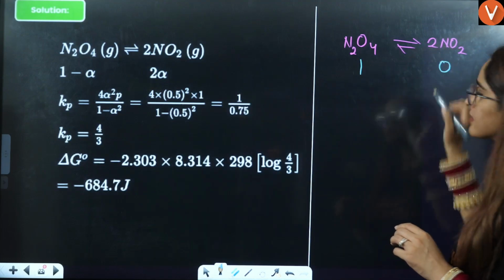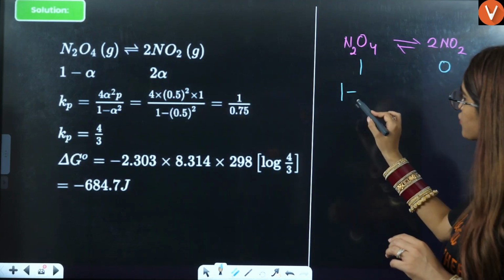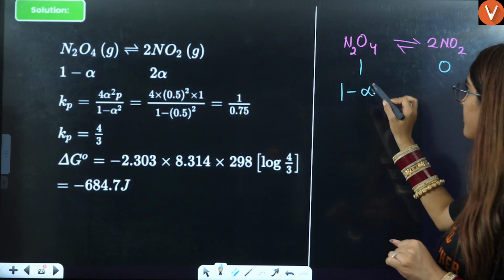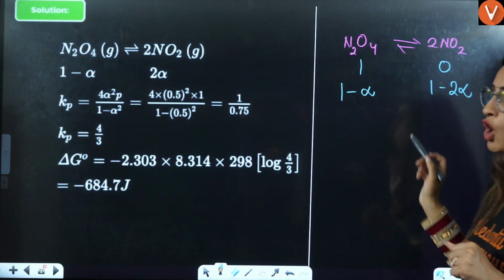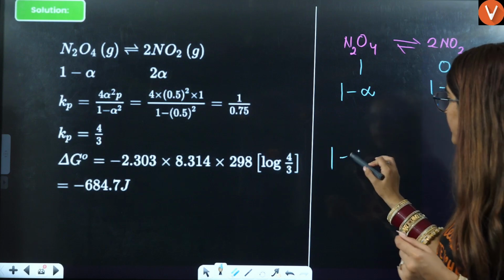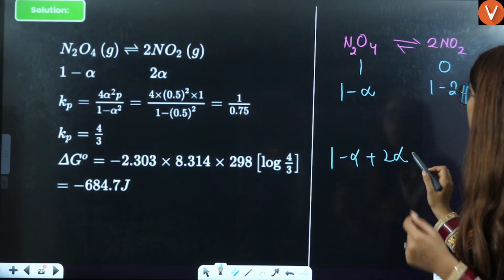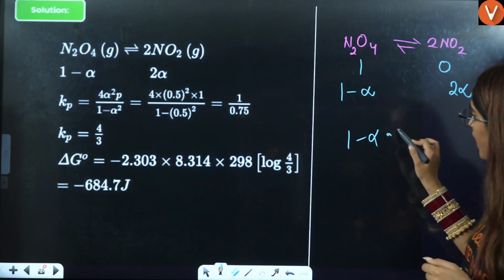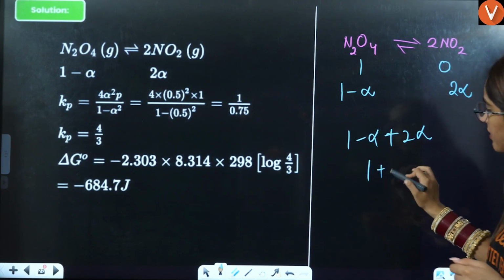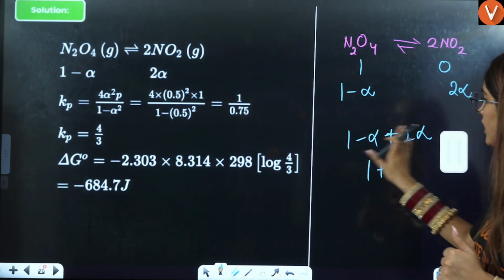This is initially 1, this is initially 0. You dissociate here, let's say alpha amount, 1 into alpha, this is 1 minus alpha, and 2 alpha will be formed. Total number of moles 1 minus alpha plus 2 alpha, that is going to be 1 plus alpha. These are the total number of moles.